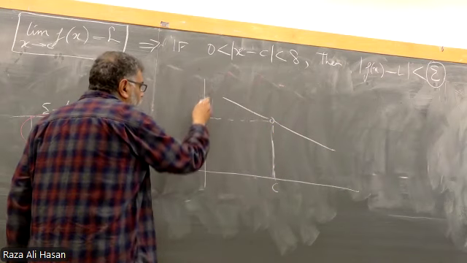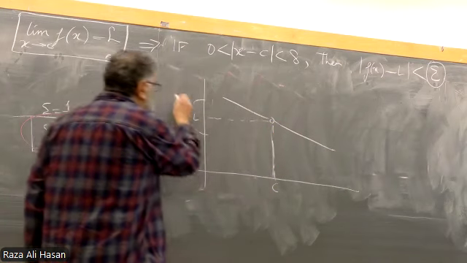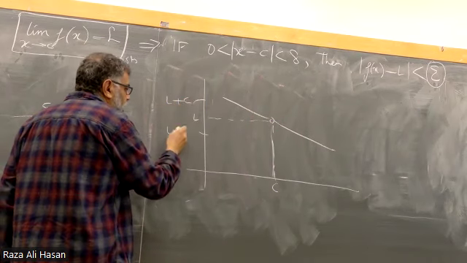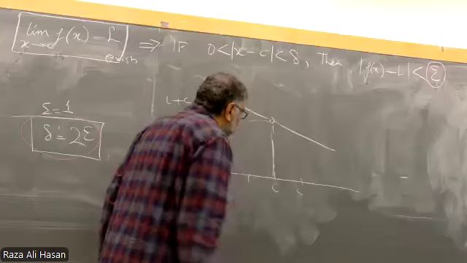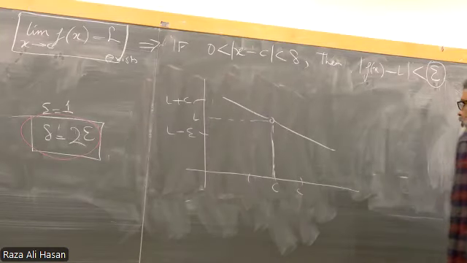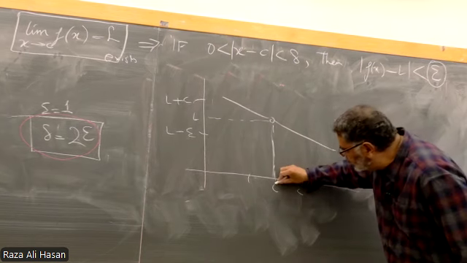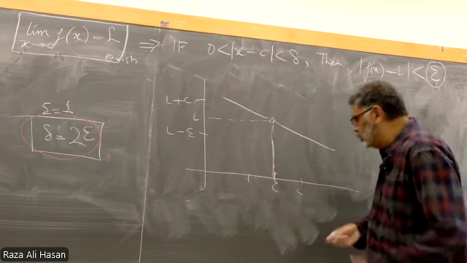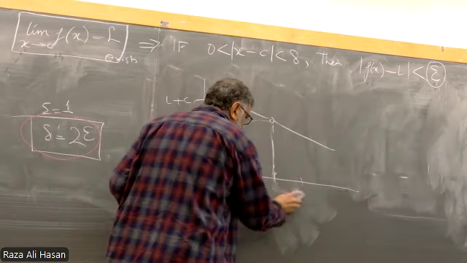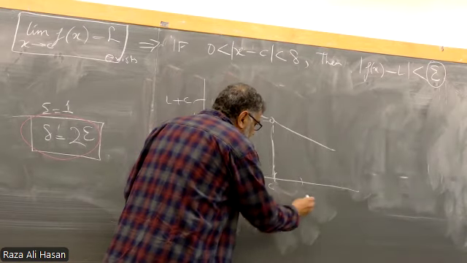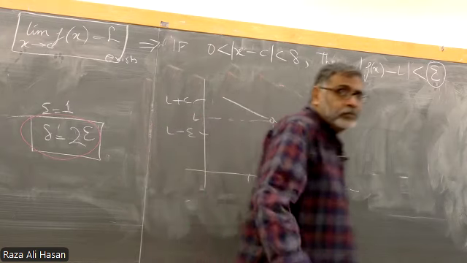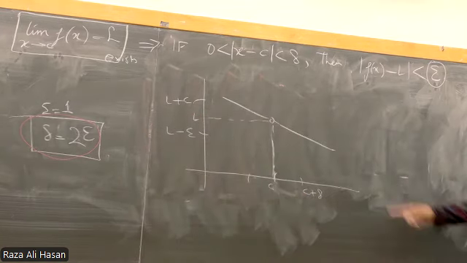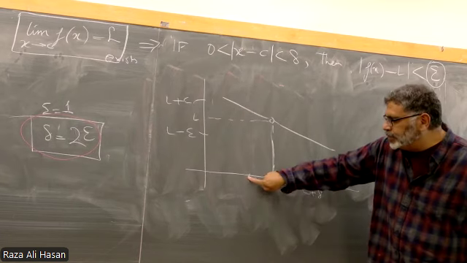This is L. This is our L plus, L minus epsilon, and then C. If we are going to do the right-hand limit, then our interval is going to be C and C plus delta. You see that? So this side will be missing.